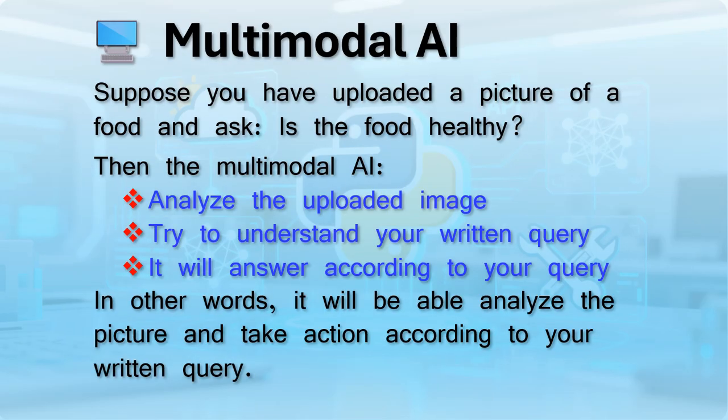Suppose you have uploaded a picture of a food and ask, "Is the food healthy?" Then the multimodal AI will analyze the uploaded image, try to understand your written query, and it will answer according to your query. In other words, it will be able to analyze the picture and take action according to your written query.